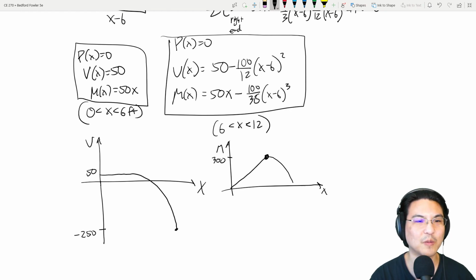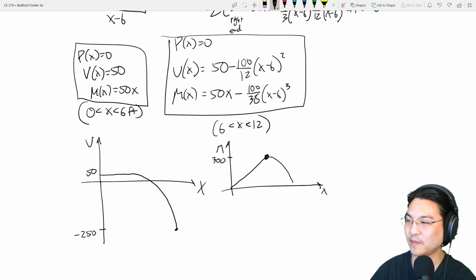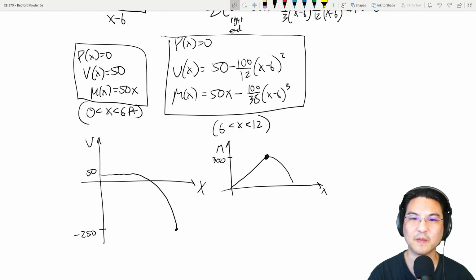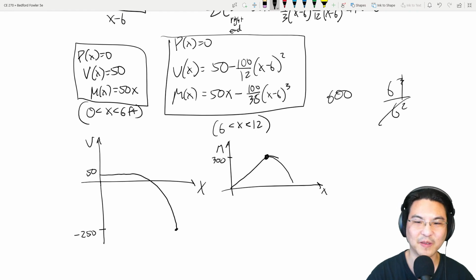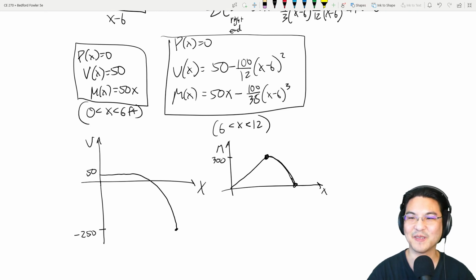At x equal to 12, what do we have? 6 cubed over 36. You can just punch it in the calculator. So that's 50 times 12, 600, and then 12 minus 6 is 6 cubed over 36. So that's 6 times 100, so 0. So it looks kind of like that. Again, you don't have to do it in your head. You could just use the calculator to graph it.